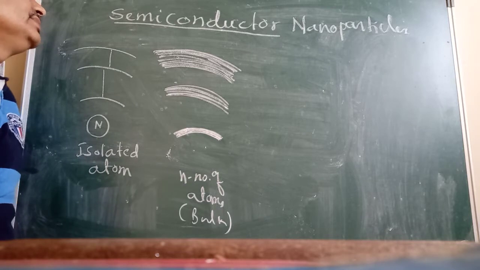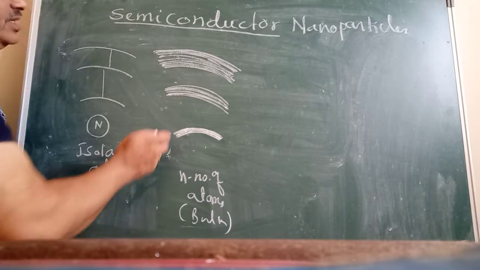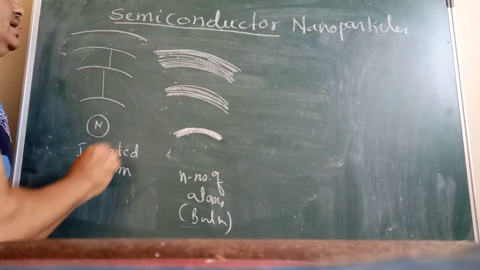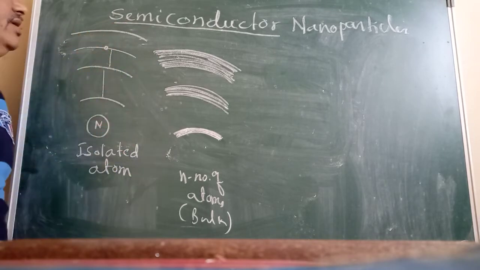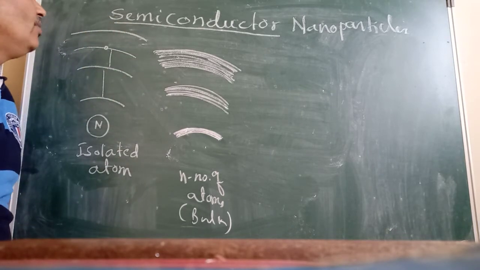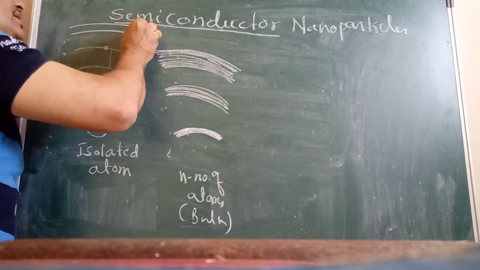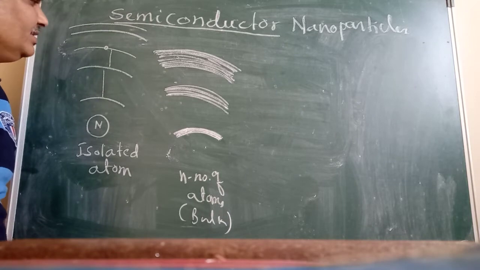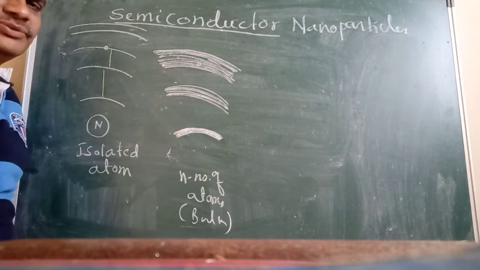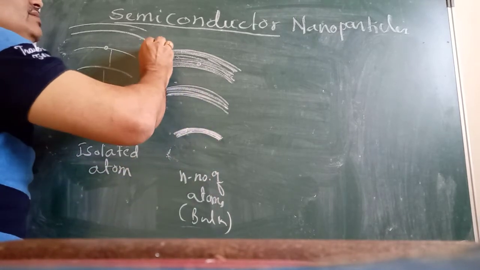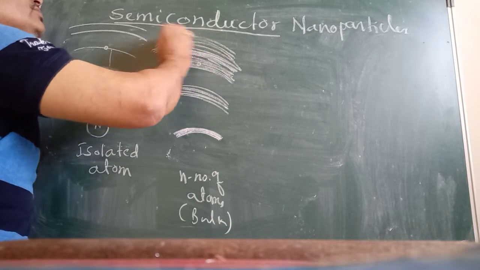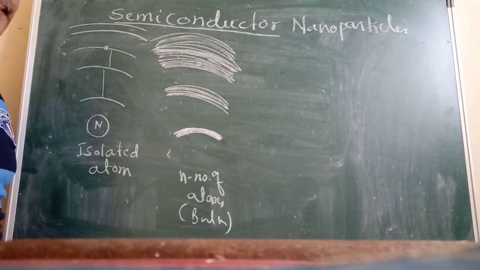Consider electrons in the atom filled up to this level, and this is empty. Then another energy level comes, and the electron comes to this place; all the energy levels above are superposed up to infinity.